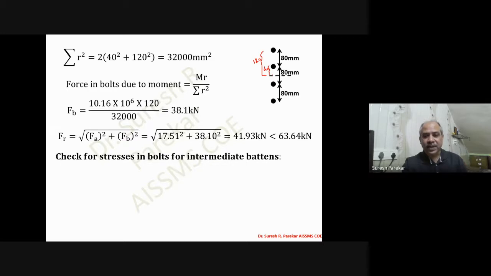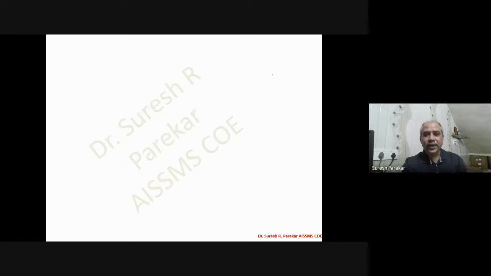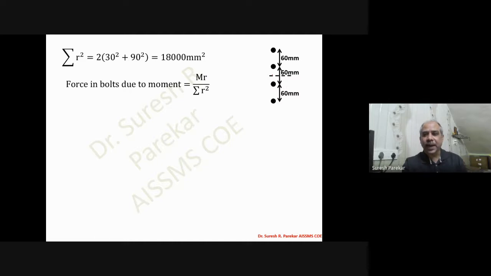Now check for stresses in bolts for intermediate battens. Now in this our FA remains as it is, there is no change in FA, but if we go to the intermediate battens, then we are going to get this value, that is Mr upon summation r square, and this value we have 30, and then second value we are going to get 90.